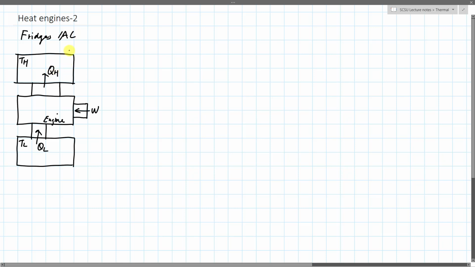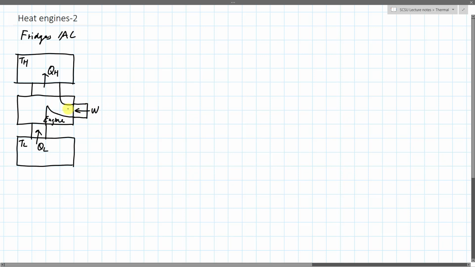Okay, so the flow is still the same, except the direction has been reversed, right? In the previous version, the heat engine is you burn fuel, so at a high temperature here, you absorb heat and you have to exhaust some heat, and then the rest goes into work done. And now you're reversing the process.